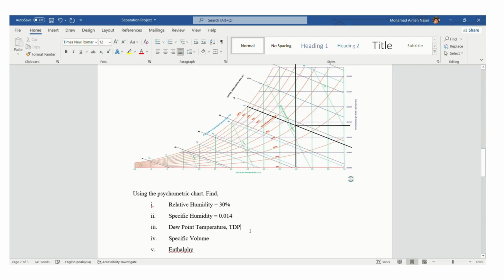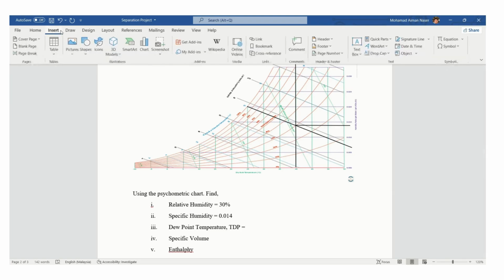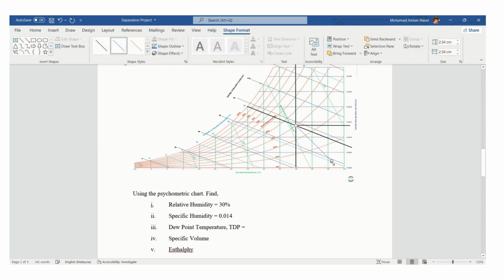Okay, next. We will find the dew point temperature. So, I will take the line. The dew point temperature is here. Now, here is the dew point. So we want to look for the temperature. So the temperature of dew point is here.